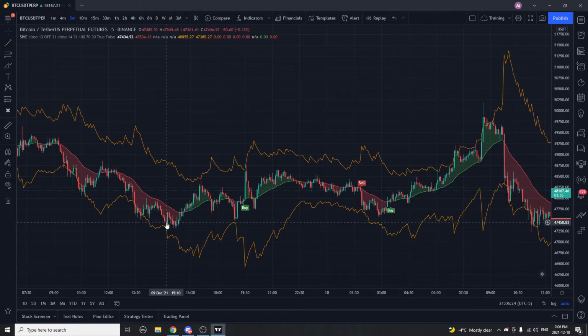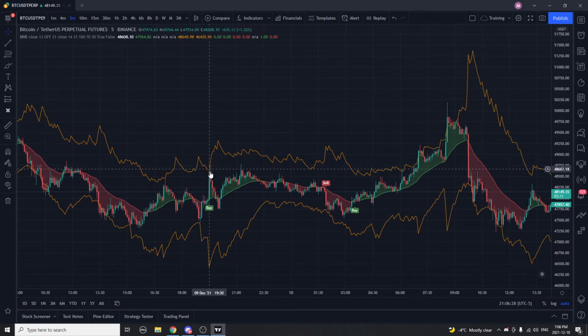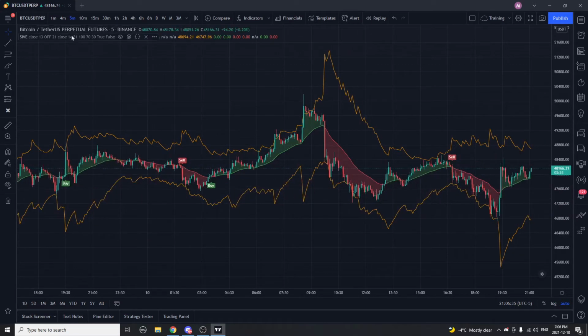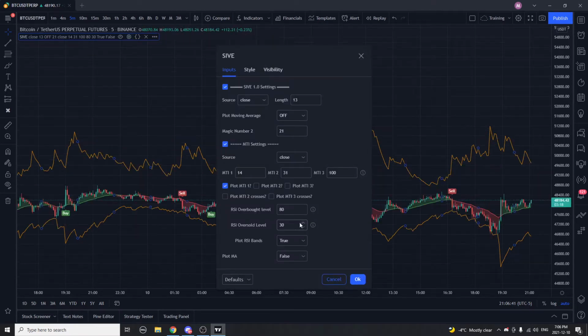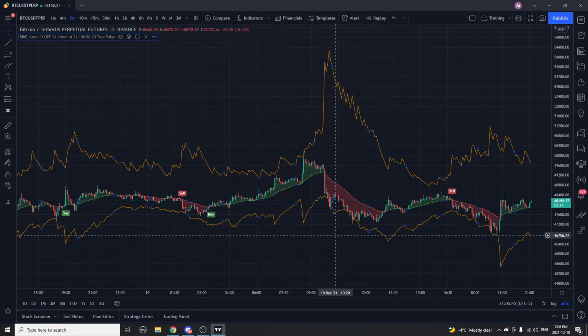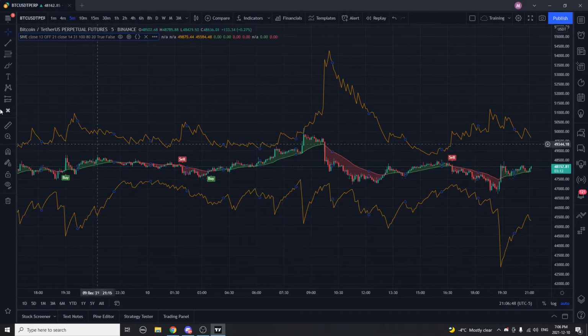It's kind of nice if you do use RSI, or you can see the wick price action on the overbought and oversold areas. Overall, you can switch this to what you would like. If you have an 80-20 setup that you like to use on your RSI, you can change and shift this.